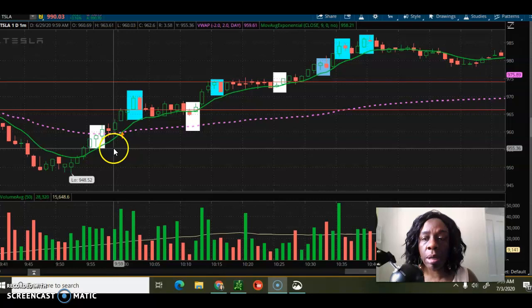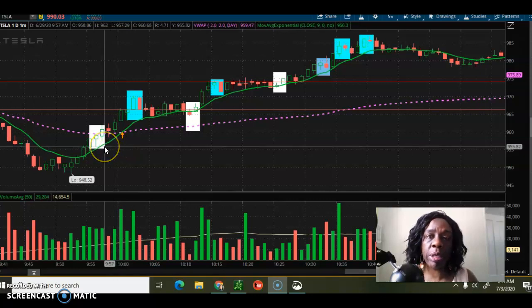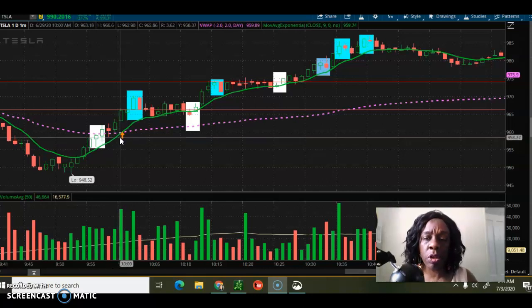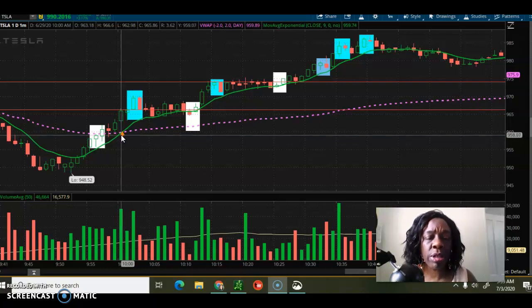I did talk about this first white box being my first point of entry, but this green line I have here is my 9-day exponential moving average, and you could play it safer by entering a trade at the point at which the 9-day crosses over the VWAP.